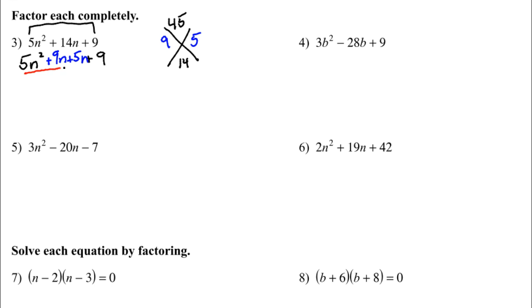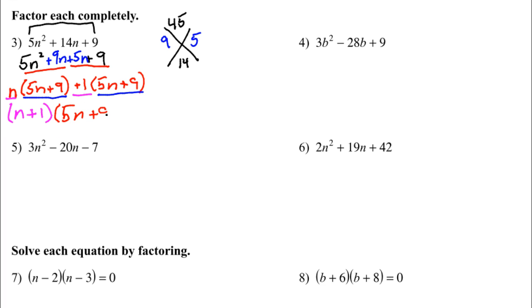What comes out of these two? Take out an n. And what comes out of these two? Just a 1. So my answer is going to be 5n plus 9 and n plus 1. Order does not matter here. So hopefully that looks familiar.